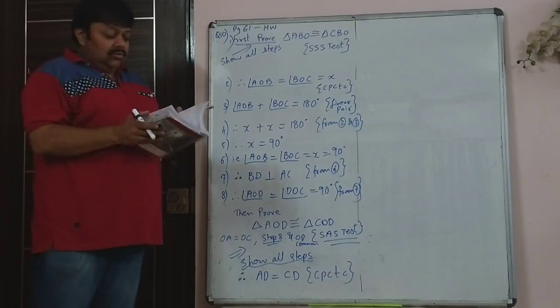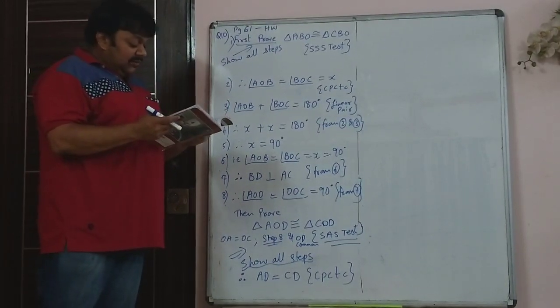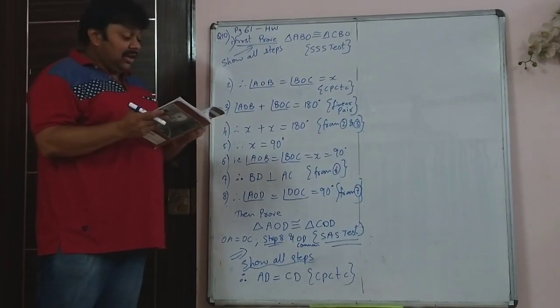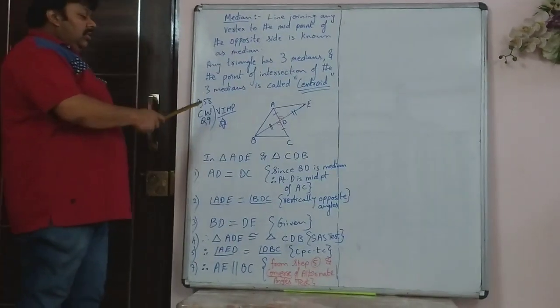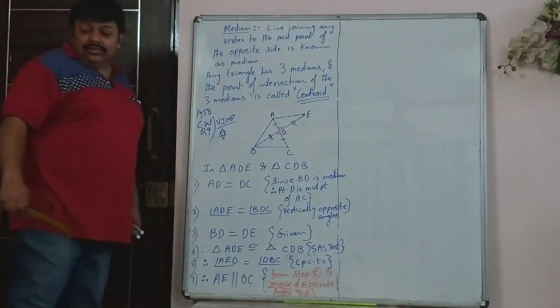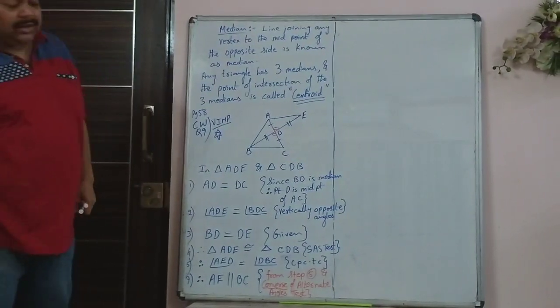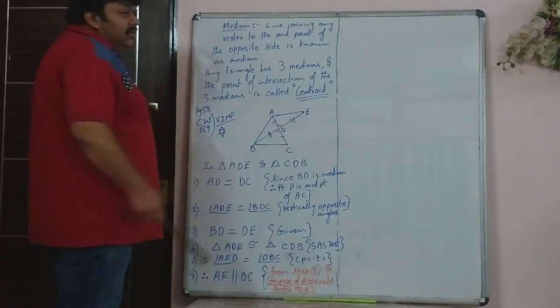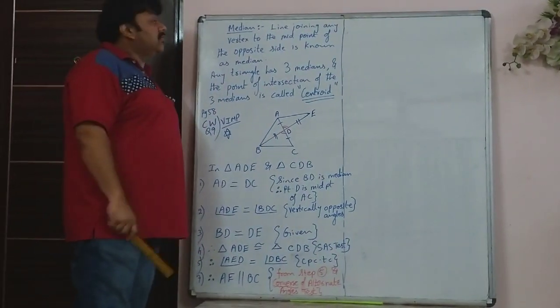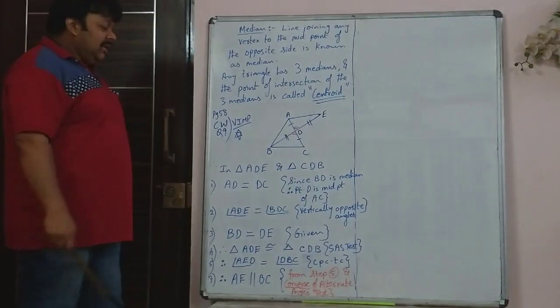Now we will continue with the next sum because we have to start from question number 9 on page 58. So now we go on to classwork sum number 9 on page 58. First of all, in that sum the word median comes. Now what is a median?